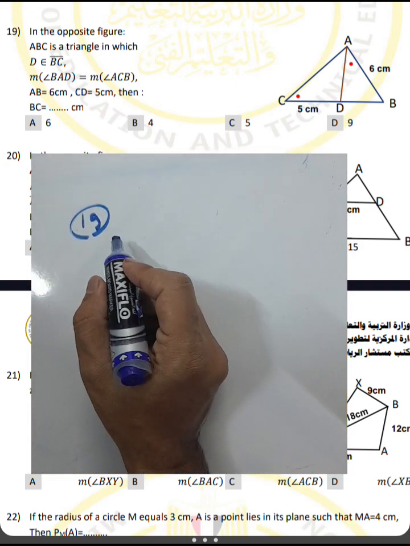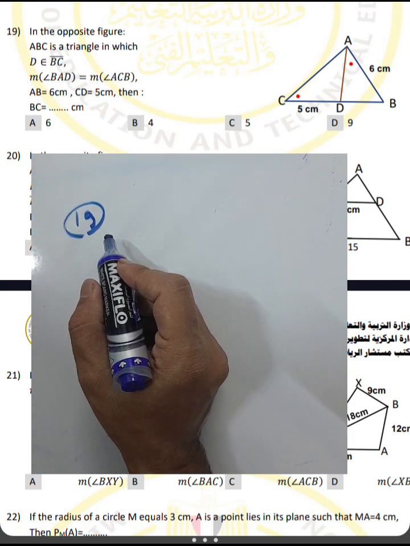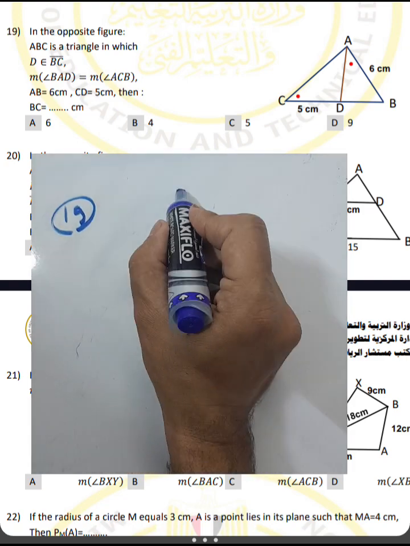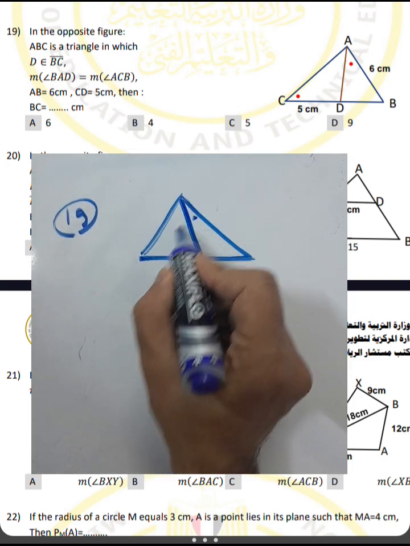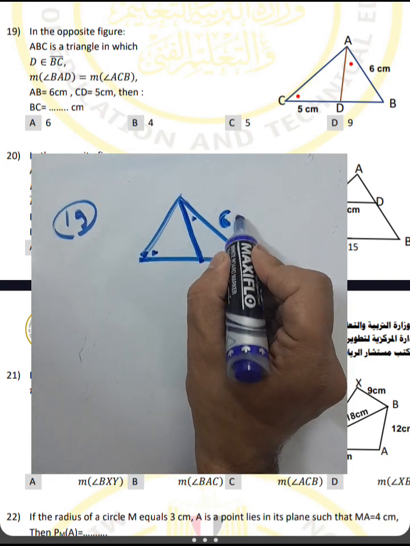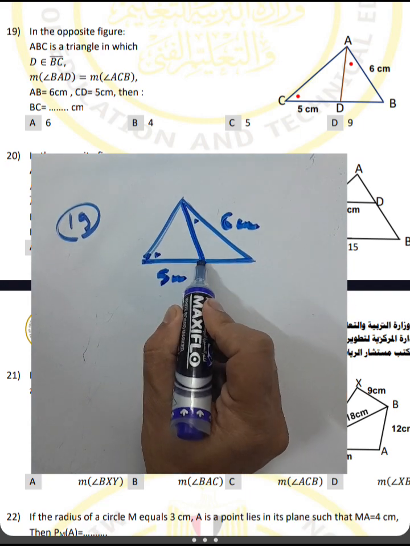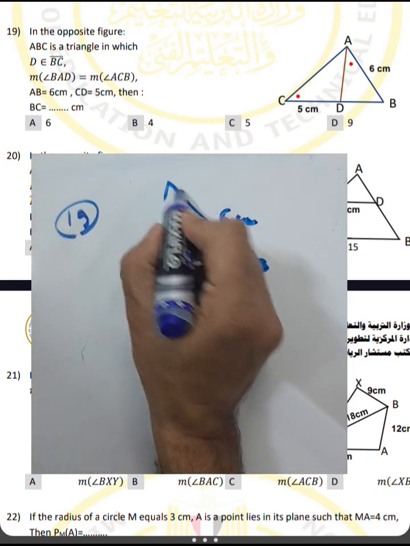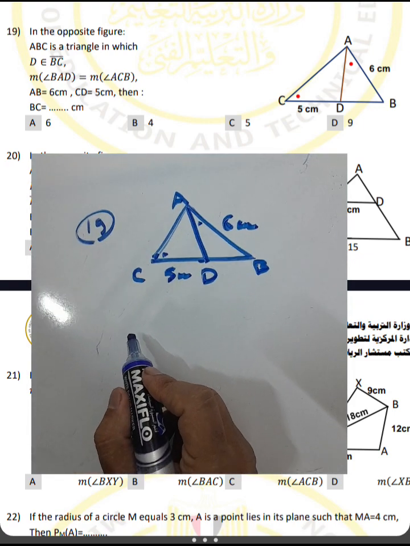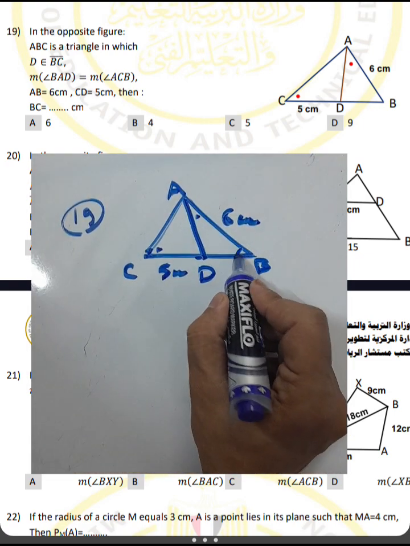In the opposite figure, you want to find the length of BC. Okay, we have two triangles. This angle was equal to this angle, and 6 centimeters, and this 5 centimeters, this part from C to D, and here B, and here A. We can write two triangles. B is the common between them.